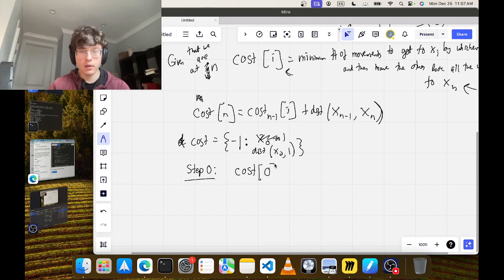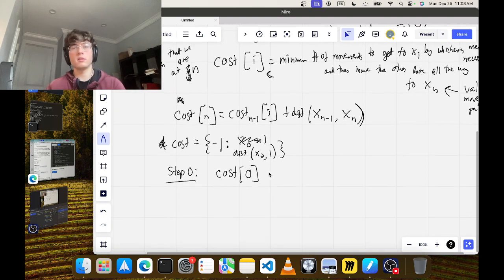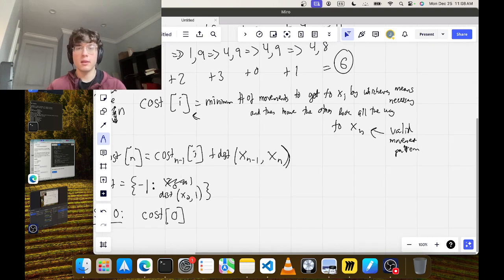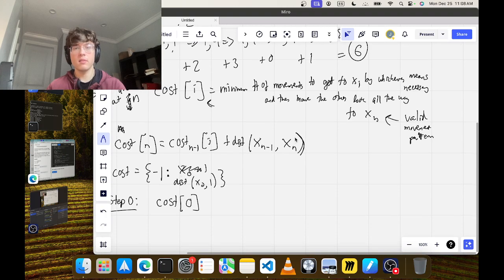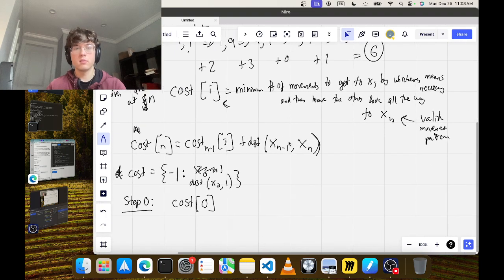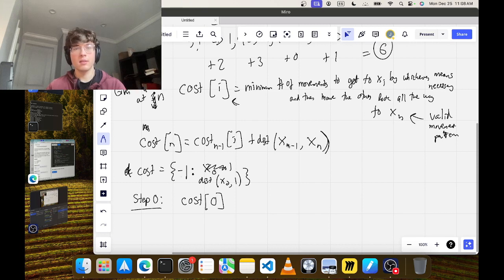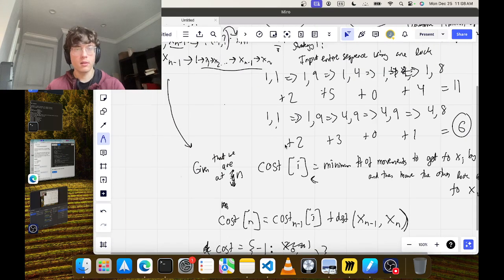So what is the cost of 0? This is the minimum movements to get to x0 by whichever means necessary, and then move the other lock all the way to xn. Since we're at step 0, this is honestly the optimal way to solve so far, and it's very clear what to do.